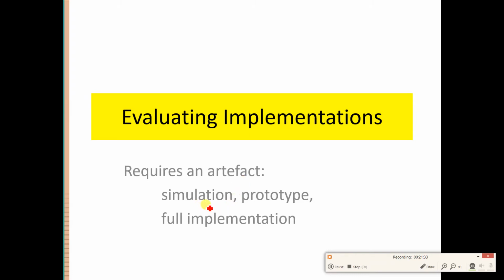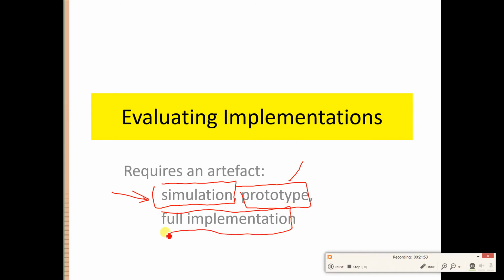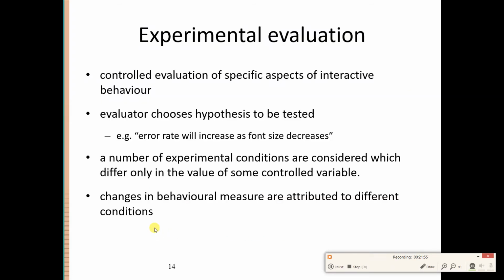It can be a software simulation, it can be a prototype, or it can be the full implementation. All three possibilities are there for evaluating the implementation. We can evaluate the system by simulation, by some programming, by a small model, or maybe the complete system is available for evaluation. So let's talk about this in further detail.